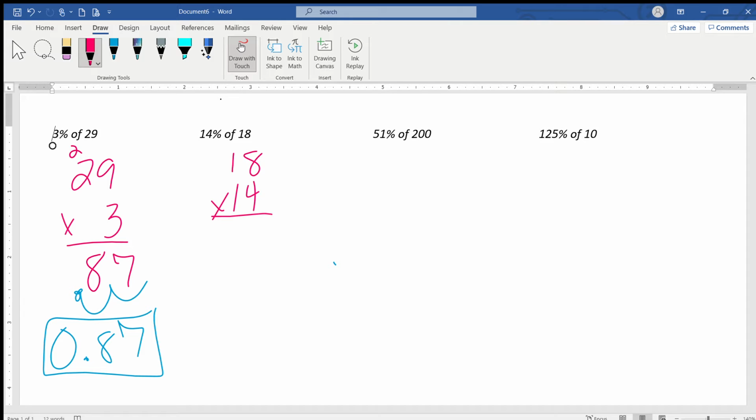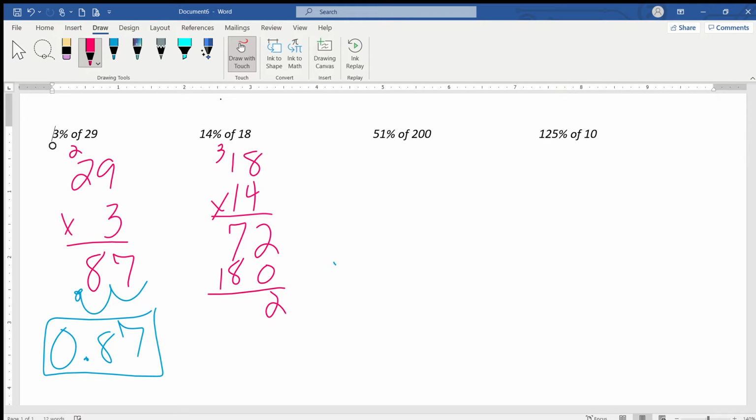So 4 times 8 is 32. That's an ugly 2. 2. Carry the 3. 4 times 1 is 4, plus the 3 is 7. 1 times 8 is 8. And then 1 times 1 is 1.